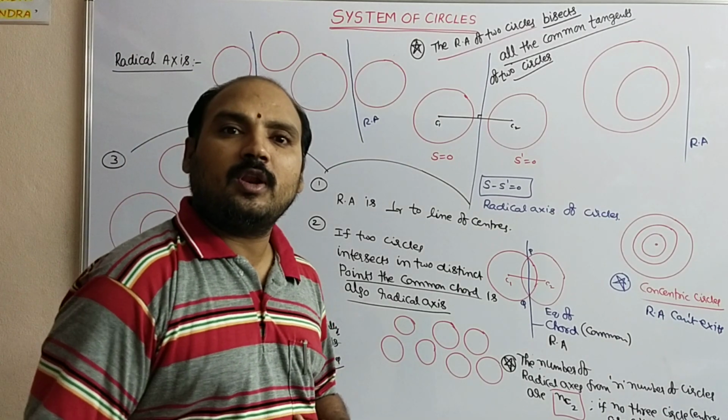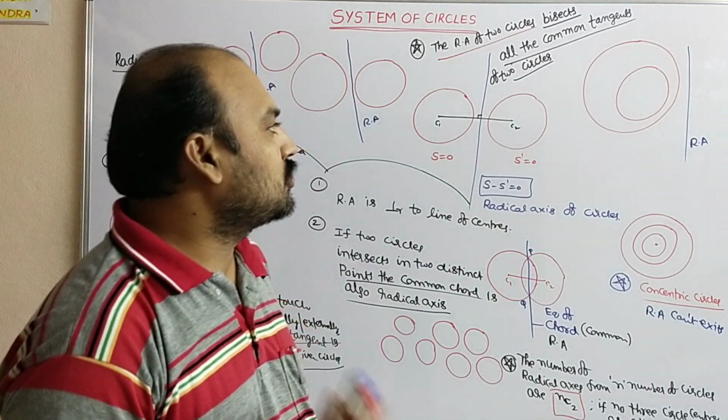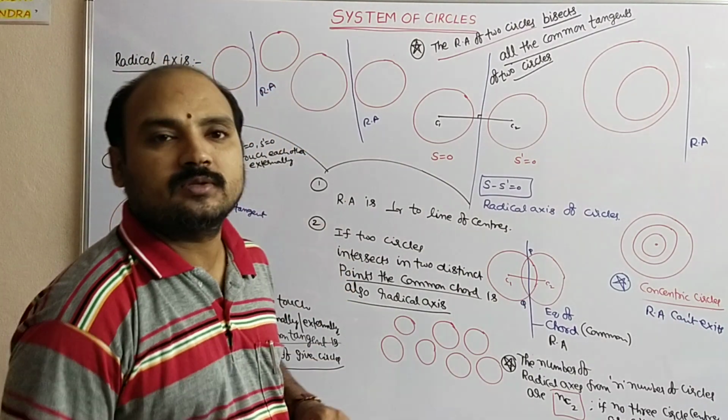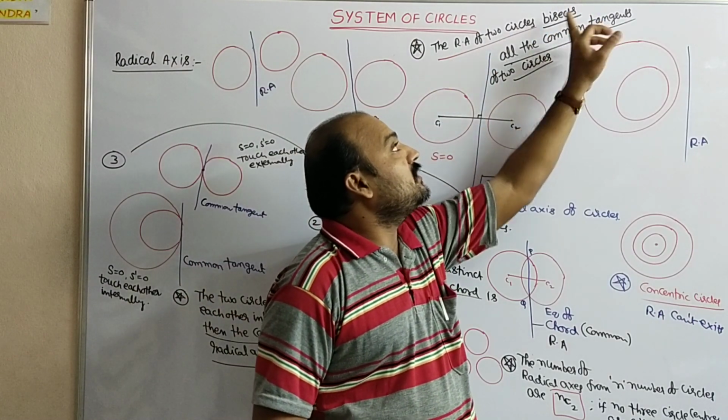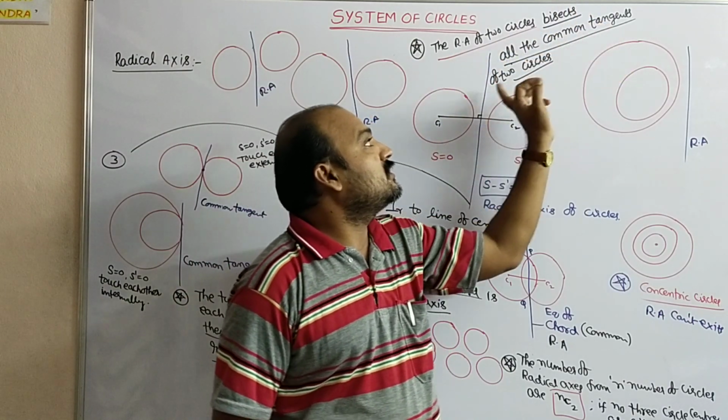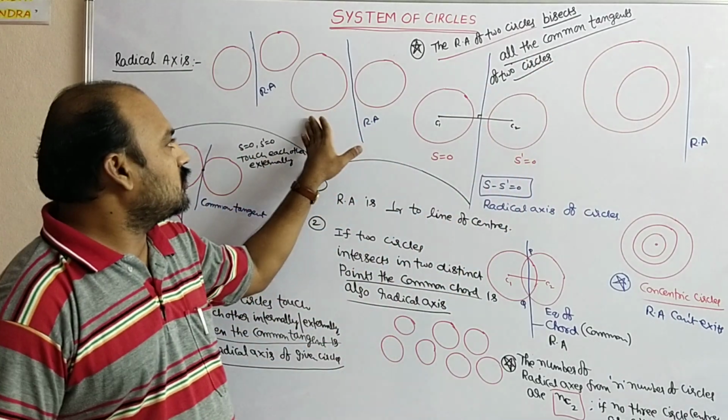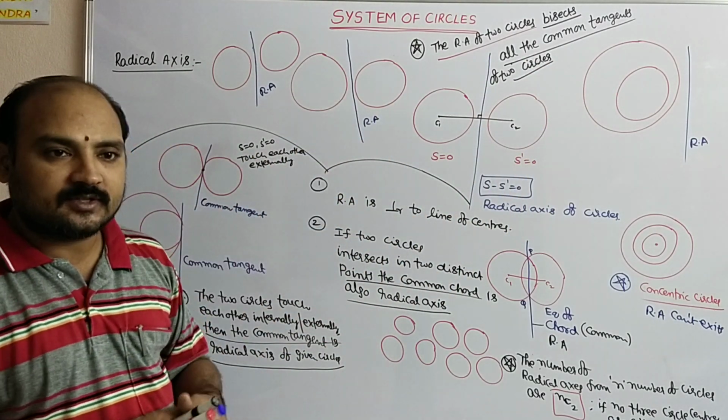See here, one other important point I forgot to tell about the radical axis. The radical axis of two circles bisects all the common tangents of two circles. Suppose these two circles are there, and this is the radical axis.